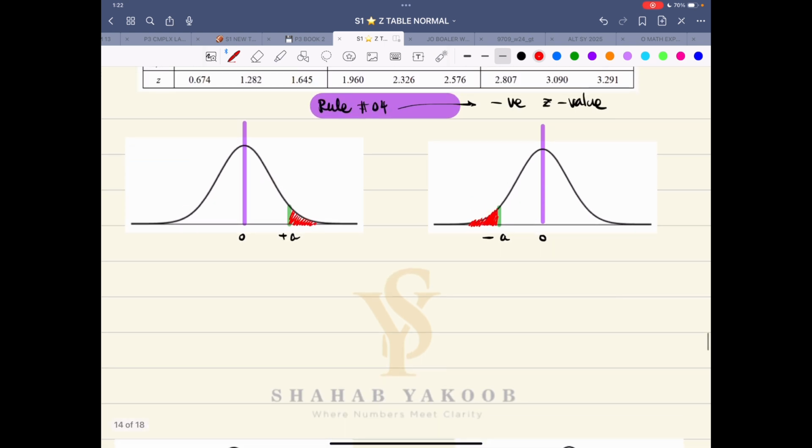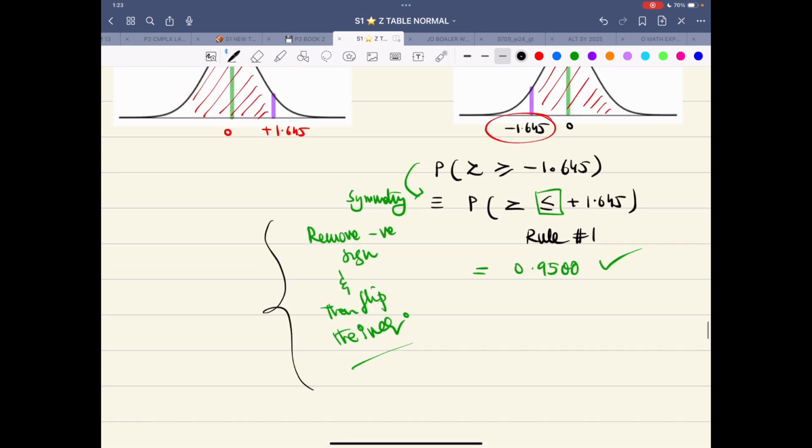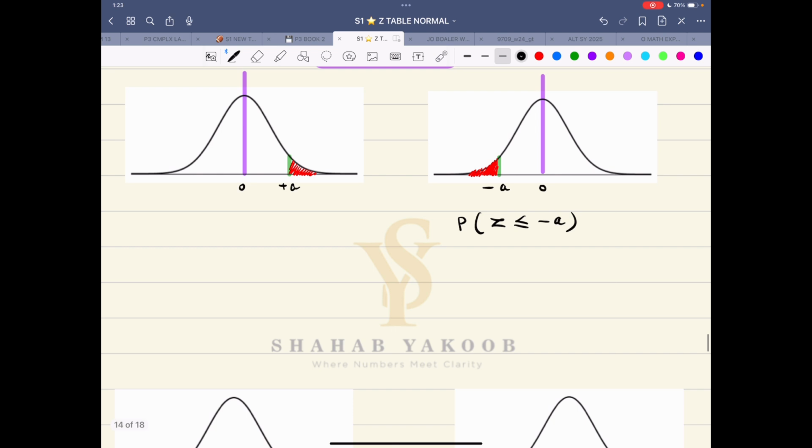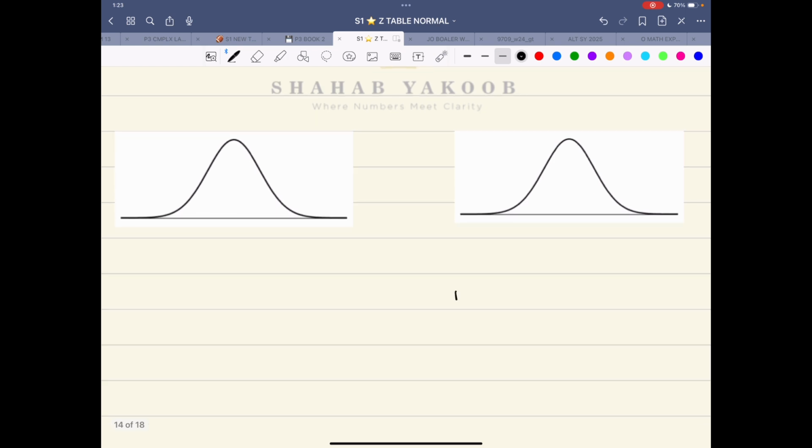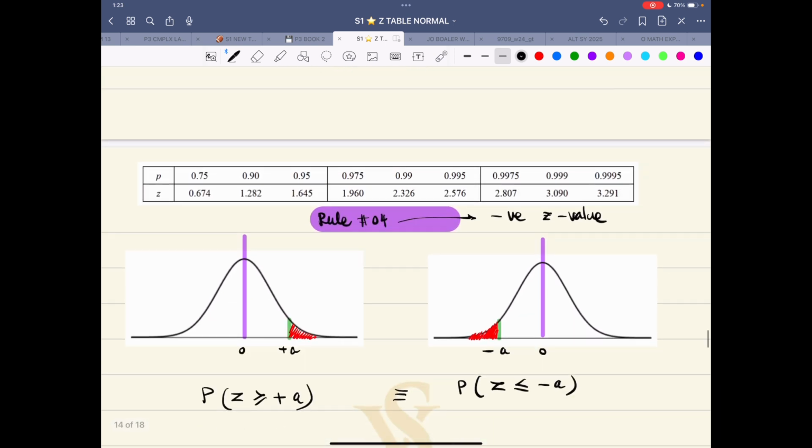Yes, they are. So therefore, I can say probability Z is lesser than or equal to negative A. What happens? Remove the negative sign and then flip inequality. Lesser becomes greater, which you can also see from the diagram. So these two are identical. That means if I am interested in probability Z is, let me choose the 99% value, and this is 2.326.